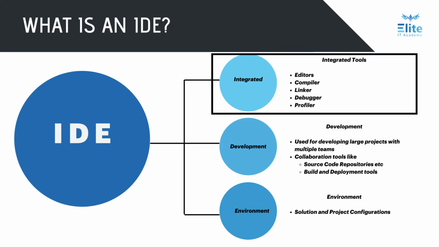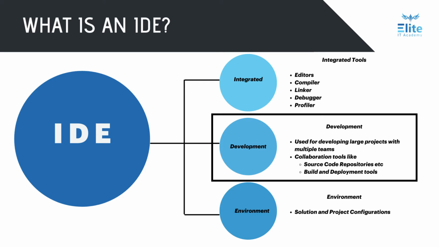It's a collection of tools, including an editor to create and edit your C programs, a compiler to compile your programs, a linker to link your project modules, and a debugger to help you find fixes for runtime errors. Other tools like the profiler, etc., are also available in this IDE.